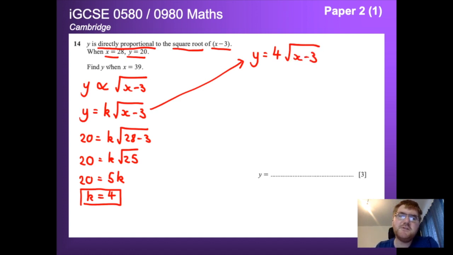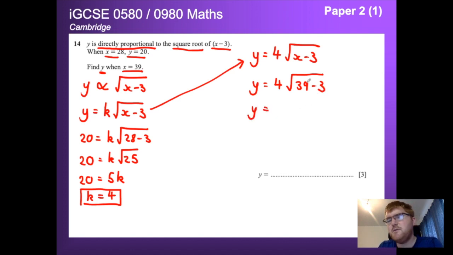And this now helps us work out what y is when x is equal to 39. So we go y equals 4 square root of 39 minus 3. Again, remember your BIDMAS, so we need to work out the square root first, then we multiply by 4. So 4 lots of the square root of 39 minus 3 is 36.